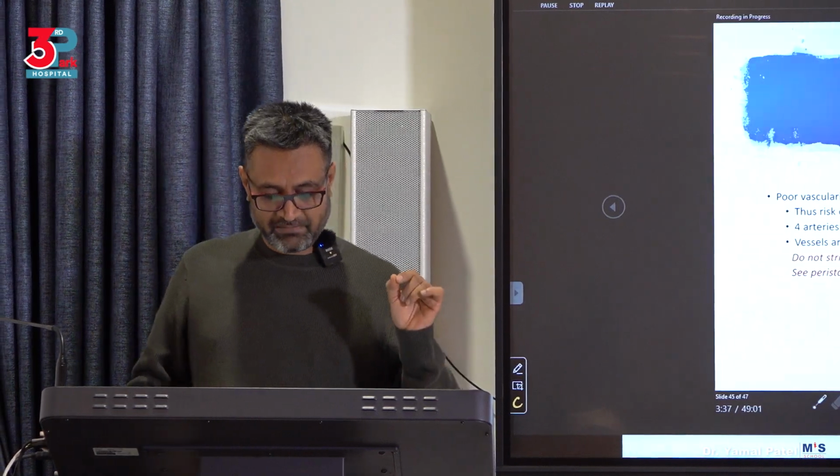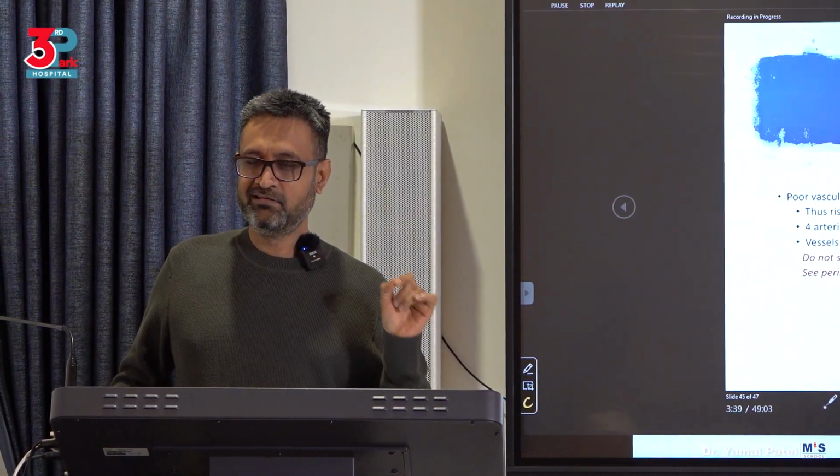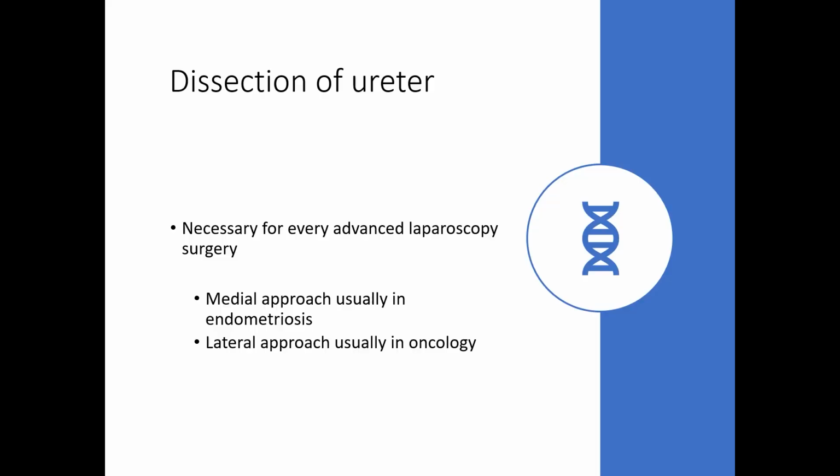So the most important thing is make sure that this adventitia stays intact. If the adventitia stays intact, the blood supply stays intact. You lose the adventitia, you lose the ureter. Got it? So when dissecting the ureter, you have to dissect it always with that adventitia intact.